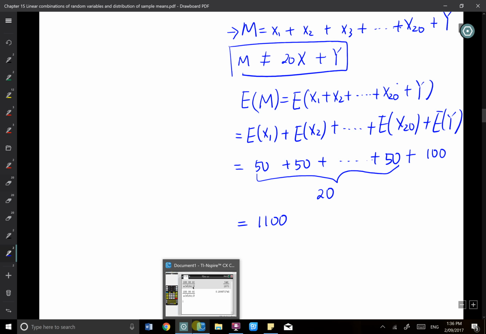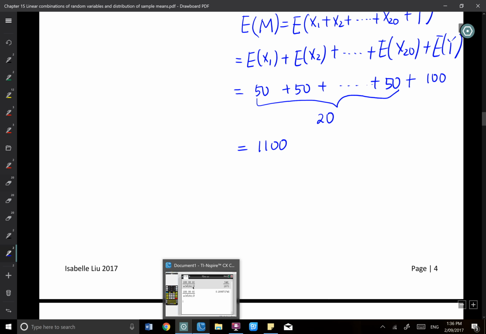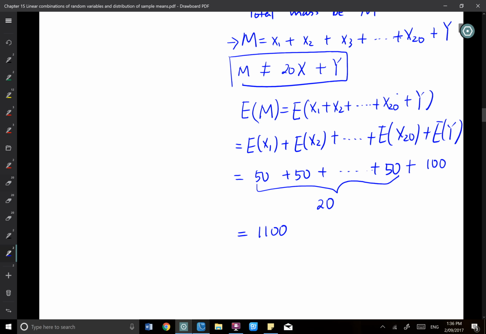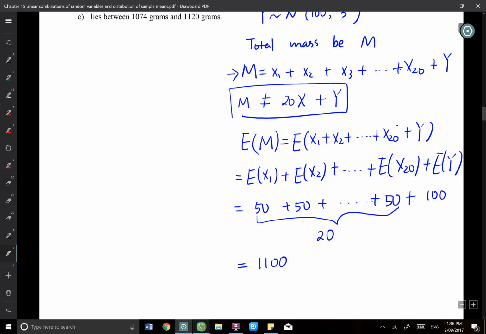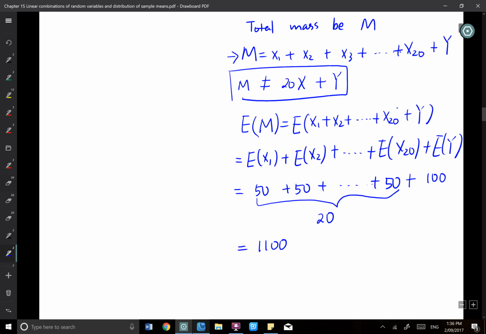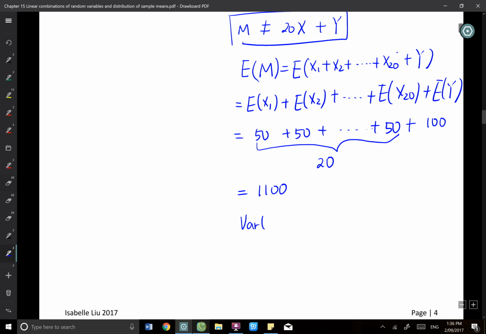Even though you have the same result as 20x plus y, it's a totally different meaning. And your variance will be very different from that one. So the variance of M is the variance of x1 plus x2 plus ... plus x20 plus y.